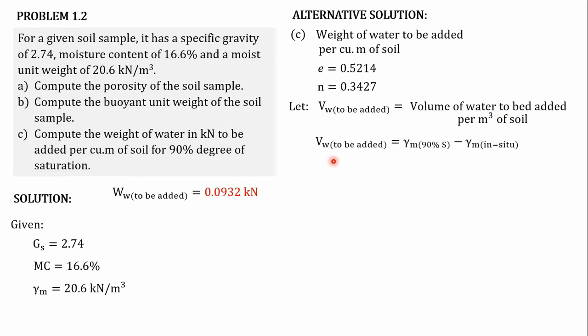So we know that volume of water to be added is equal to unit weight ng moist at 90% degree of saturation minus moist unit weight ng moist in natural state, or meaning in natural state na soil.